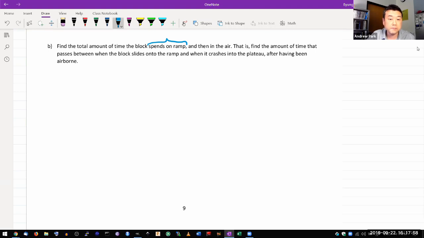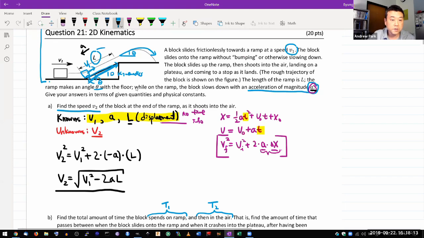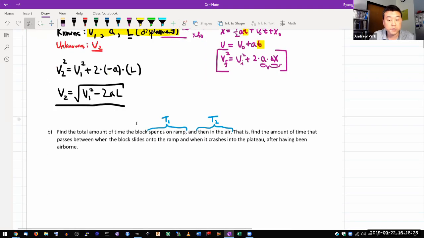Let me call that T1. And then in the air, this is a second and separate part, because the approach for the first part, the 1D kinematics motion, and for the second part, the 2D projectile motion, will be completely different. So I would treat this as basically a two-part problem.